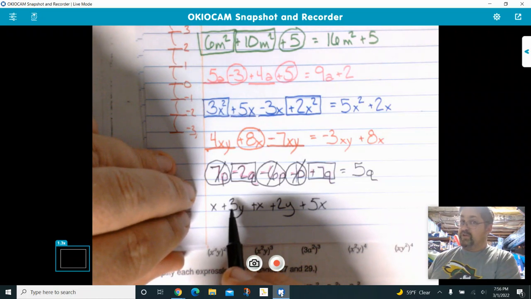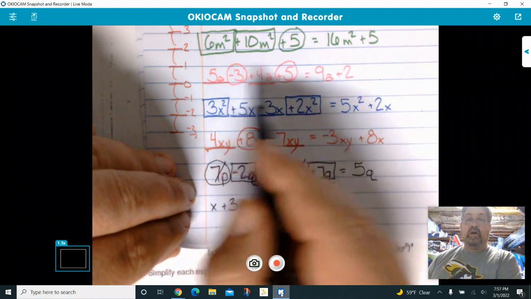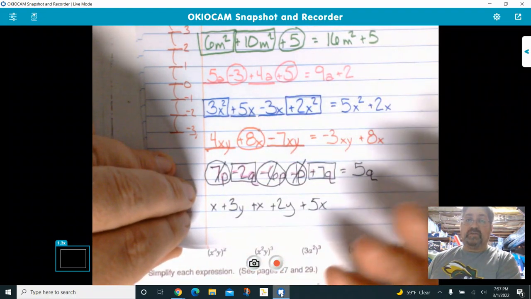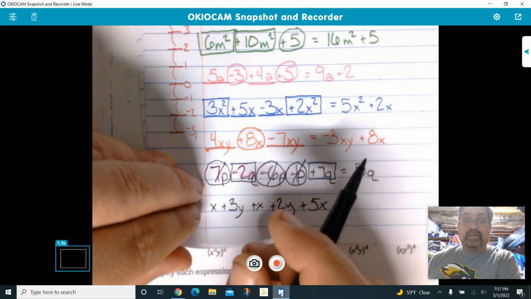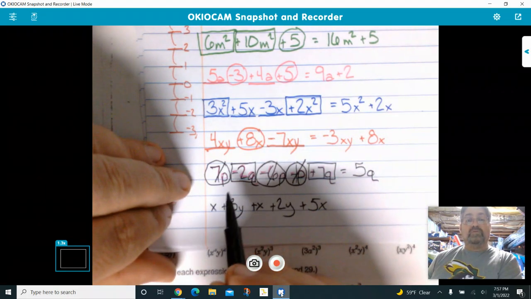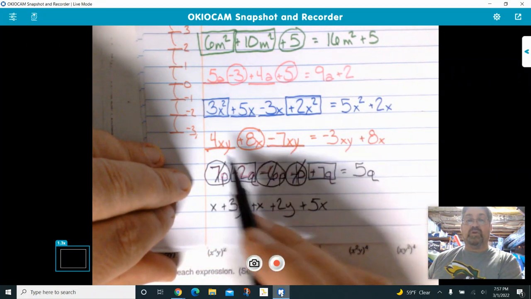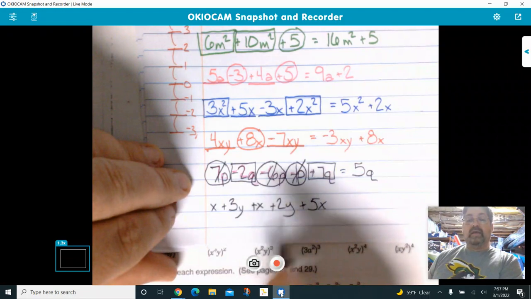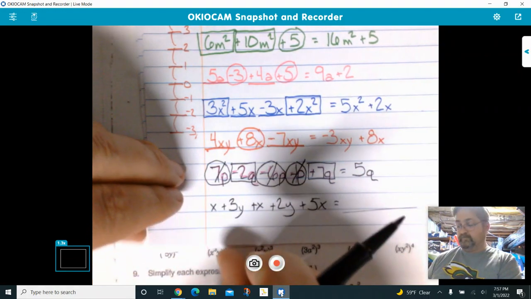This is one of the ones you're going to do on your own. I've showed you how to do them. We've set them up together. Hopefully you've got these all written down on your page because when you turn it in, that's what I'm grading for. So this is already written down. You set it up, do your circles, squares, underlines, whatever you need to. Combine your like terms and show me what you got right there.